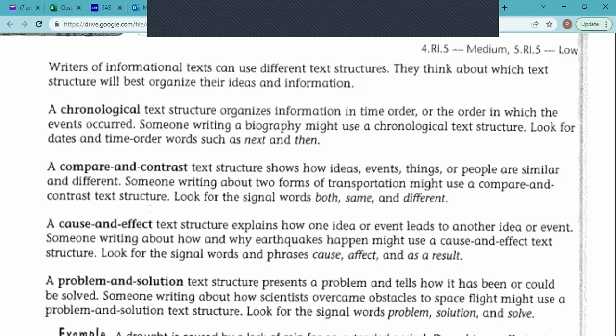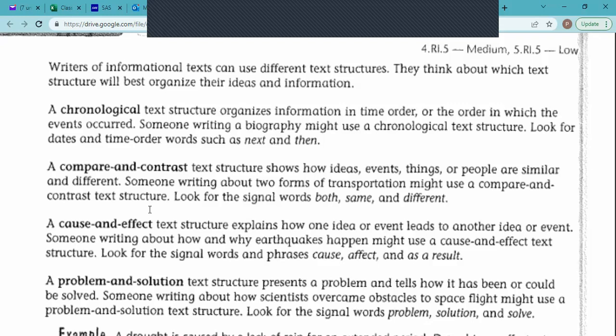All right. So that's compare and contrast. And that is a very popular paragraph that you could read, or a reading selection text that you could read about. And you need to know the differences between these 4, because most likely you're going to run into a few questions about which paragraph and which of these 4 answers would go with that paragraph.